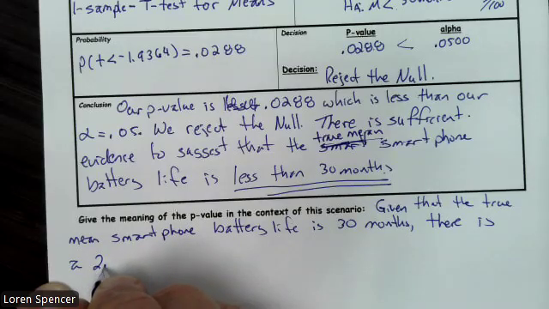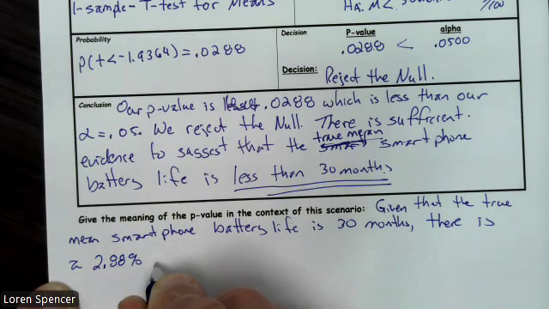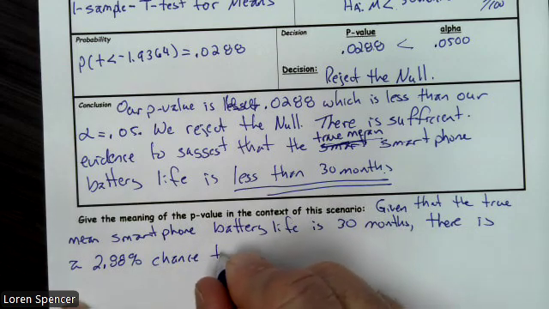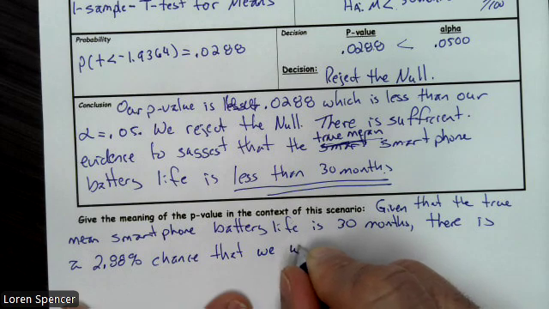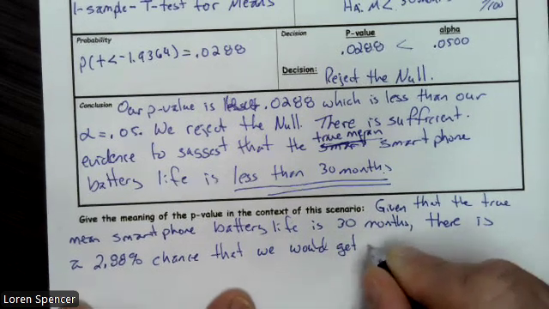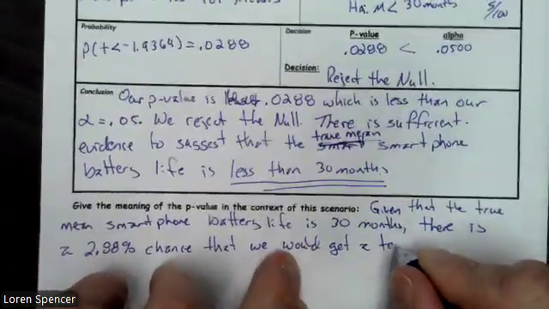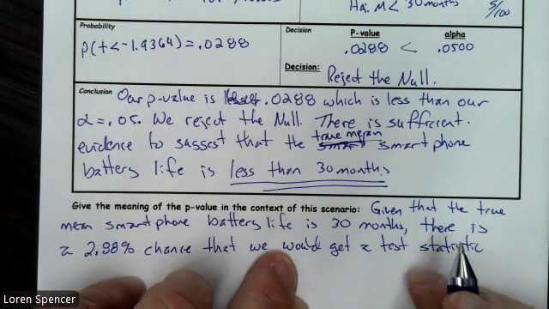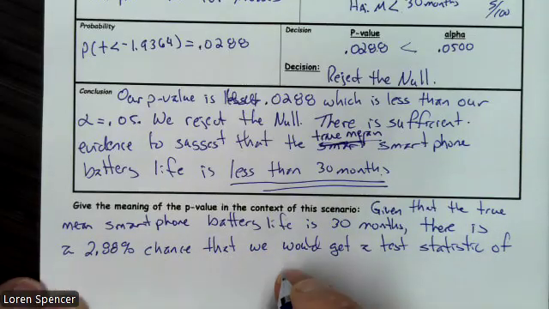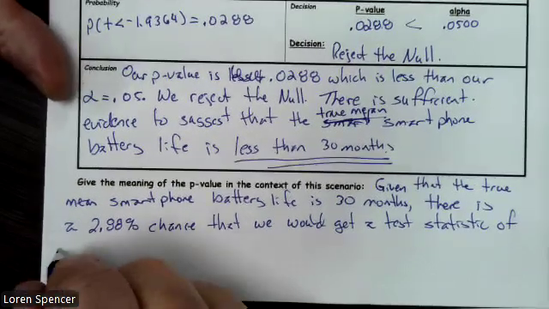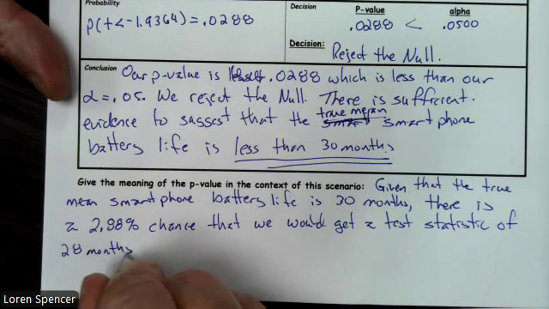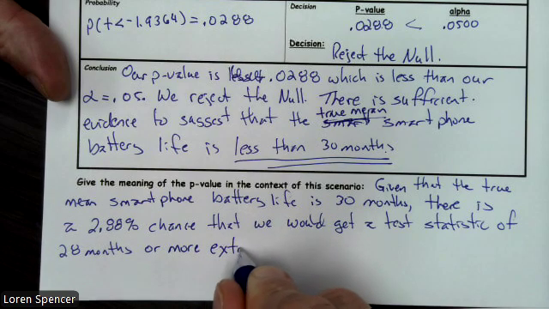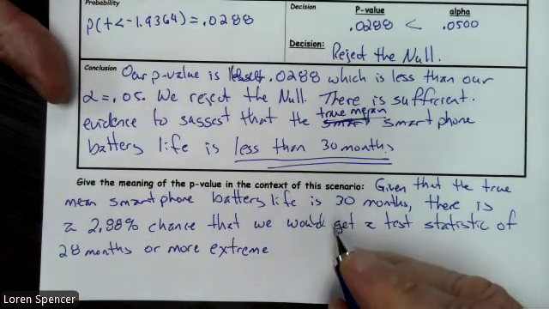A 2.88% chance that we would get a test statistic of 28 months or more extreme by random chance alone.